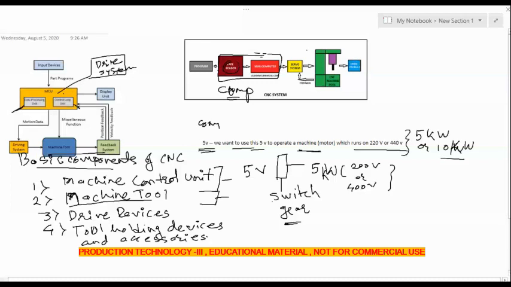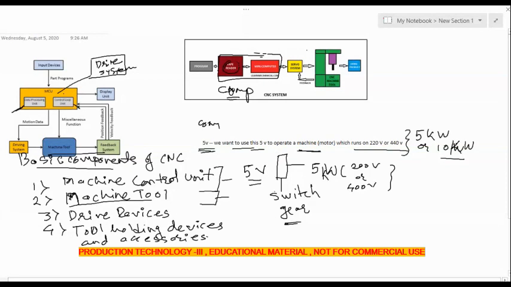That means when we are operating a remote, we are giving a power of around 3 volt only, 2 cells, 1.5, 1.5. Similarly, a computer gives out a power of only 5 volt, and that 5 volt power is used for operating a motor, that is putting the motor on and off, which runs at what voltage? 200 or 400, and that does not work directly.